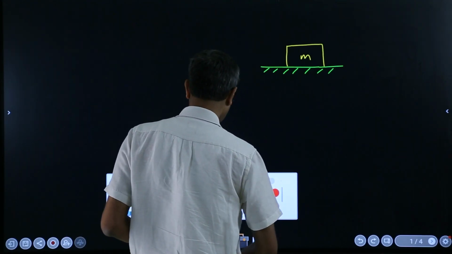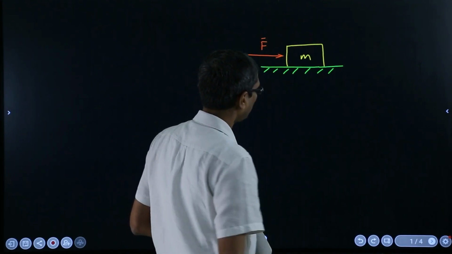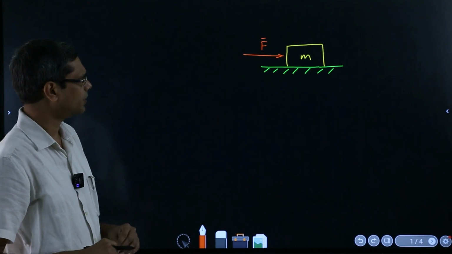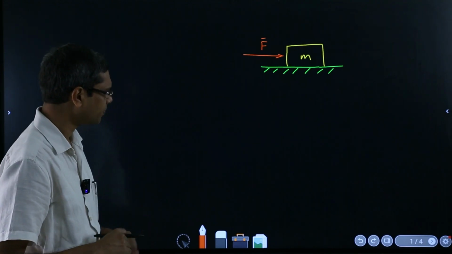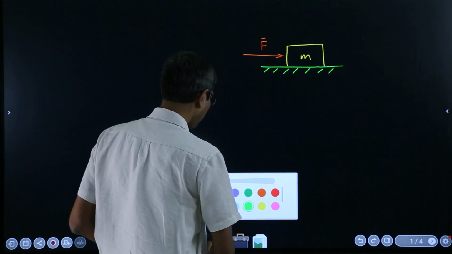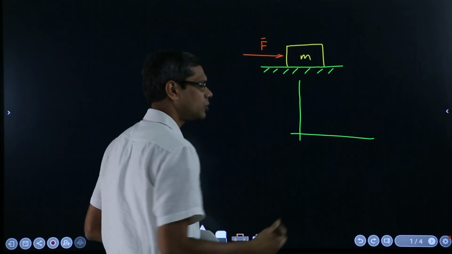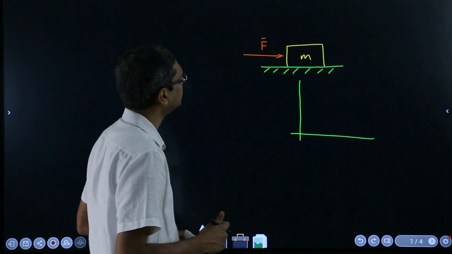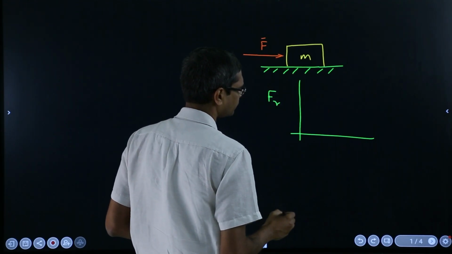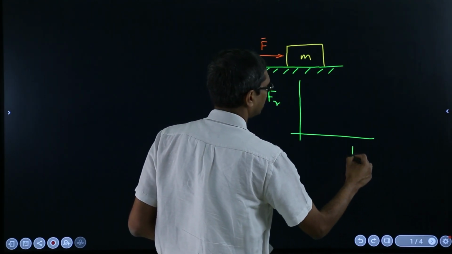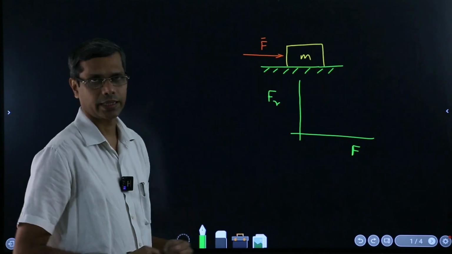Now under these conditions, suppose you apply a force here, and we are looking for the frictional force. All of you know that as we increase the force from 0 upwards, here I am writing the frictional force, and on this side I am drawing the force which you are applying, the applied force.